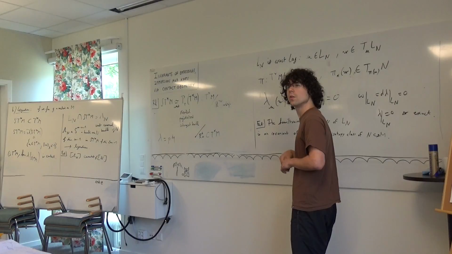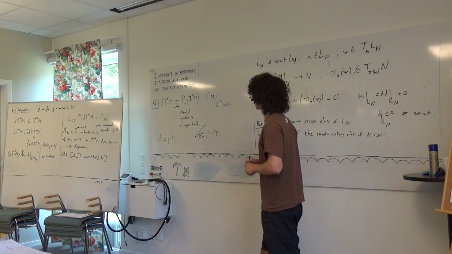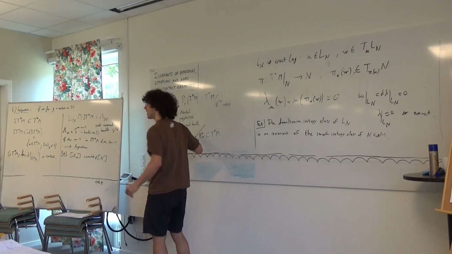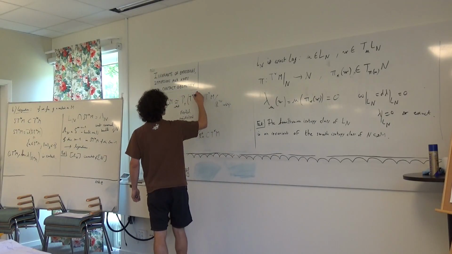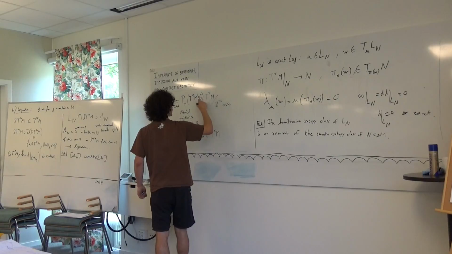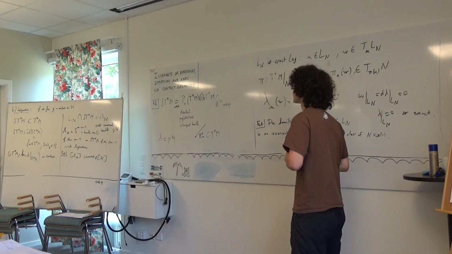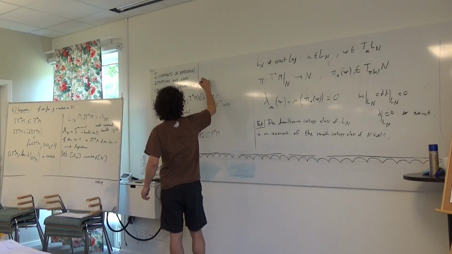Also, it's the cotangent bundle minus the zero section. Otherwise it doesn't make sense canonically. So it's minus the zero section.